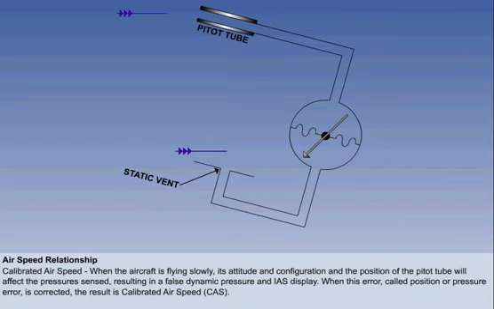When IAS is corrected for this error, which is known as position or pressure error, the resultant speed is calibrated airspeed, CAS. The error may be placarded in the cockpit or in the flight manual, and will include known instrument error.